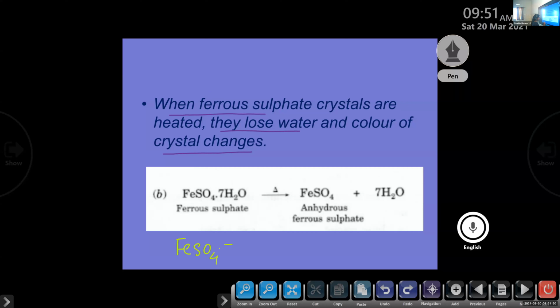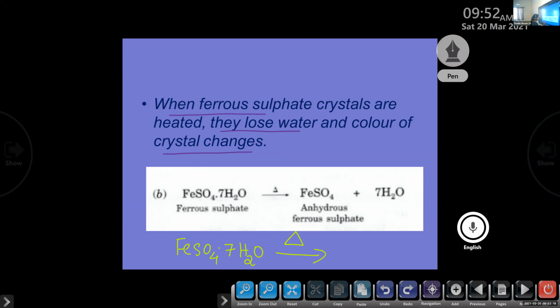FeSO4.7H2O. That means water molecules are already there in this compound. And this sign delta means that a thermal heating process takes place. When you see this symbol above or below the arrow mark, you should note that this is a thermal reaction. Heating process takes place there.